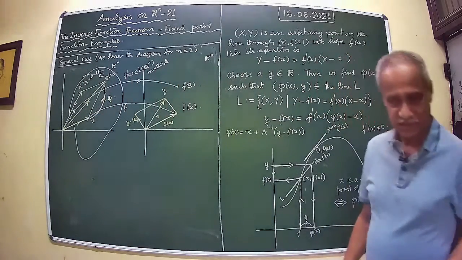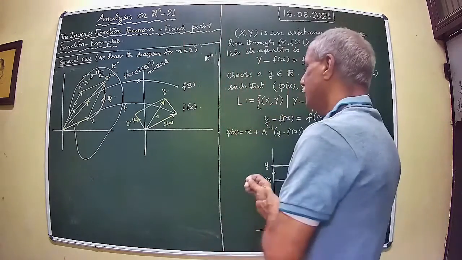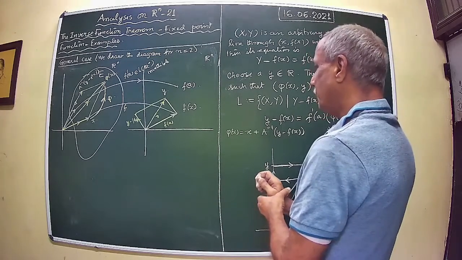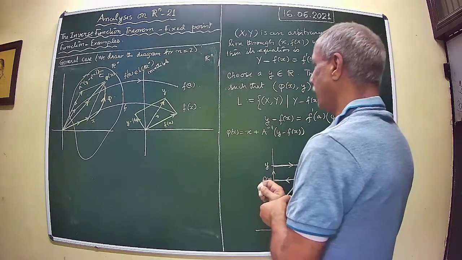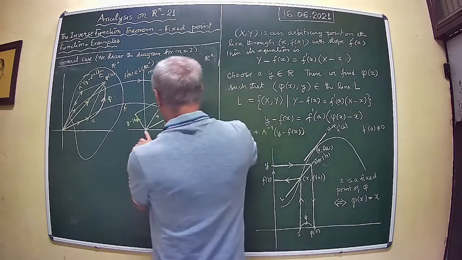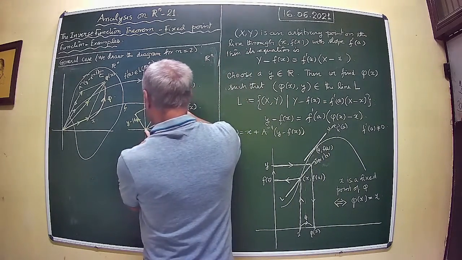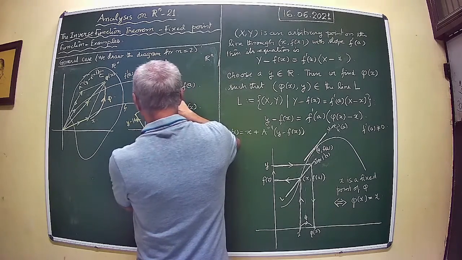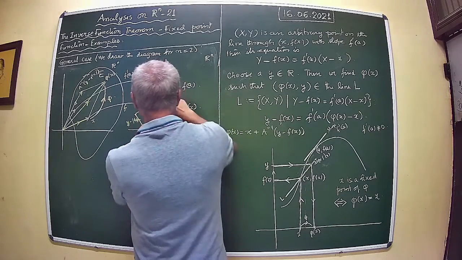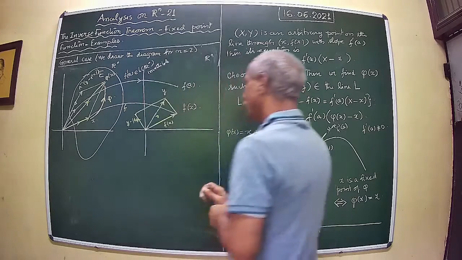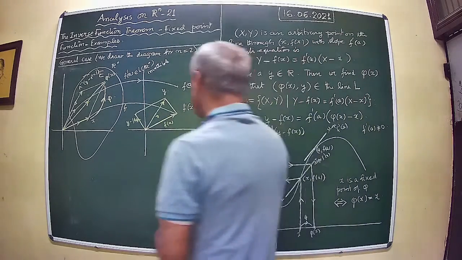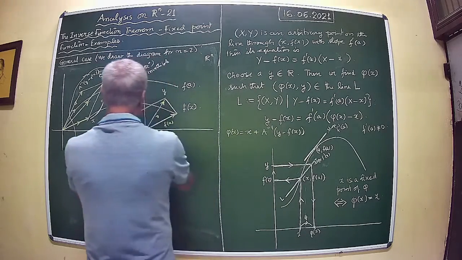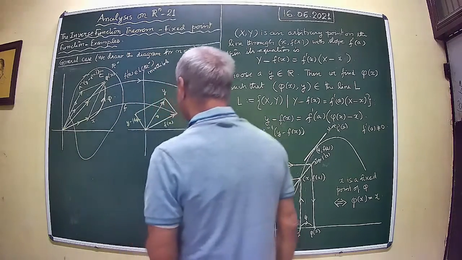Now let us see what is happening. As fx moves to y, this vector moves to y, where y is something that we have fixed. When this moves to phi, this will completely reduce to this line. That is y equal to fx, so y minus fx will become 0.